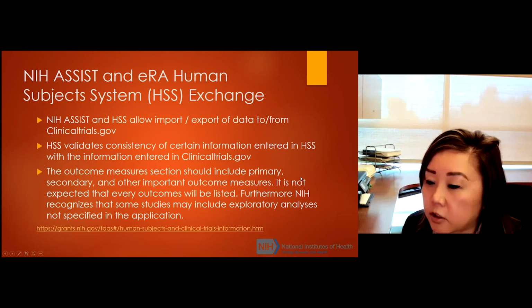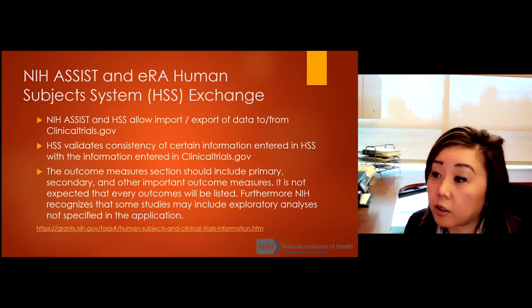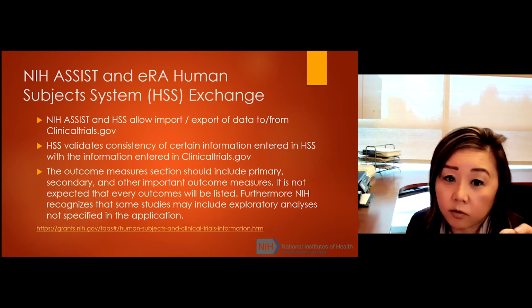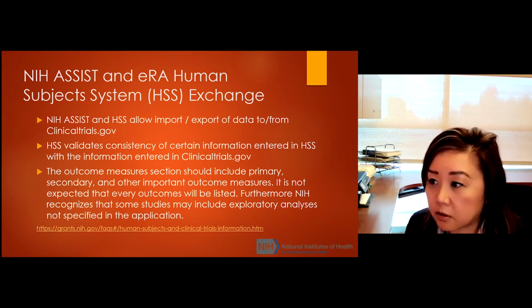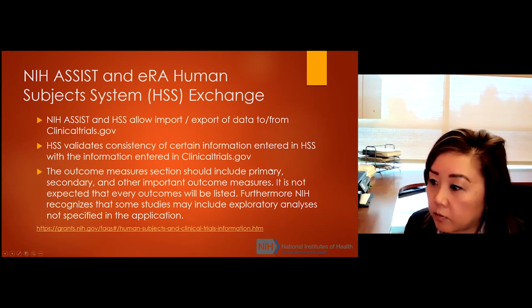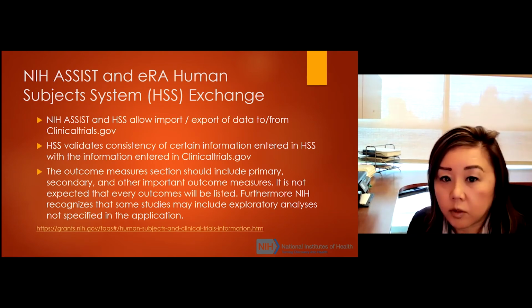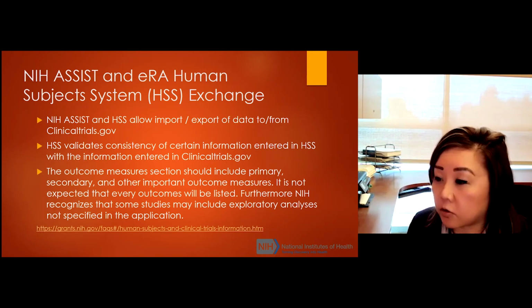Okay, and then the NIH system that interacts with clinicaltrials.gov, they are connecting now. So the NIH ASSIST system, which houses their human subjects system, their form for the details of the participants, is connecting in terms of validating information, and the outcome information section is also syncing up to coordinate the information and make sure that it's consistent.